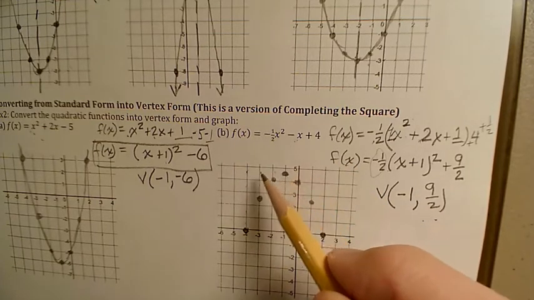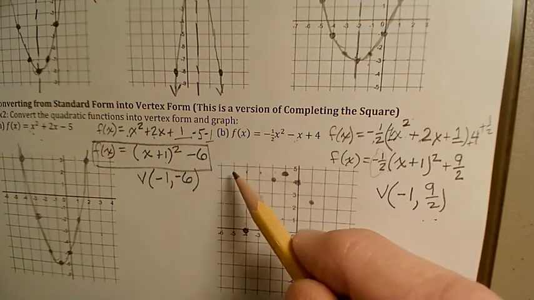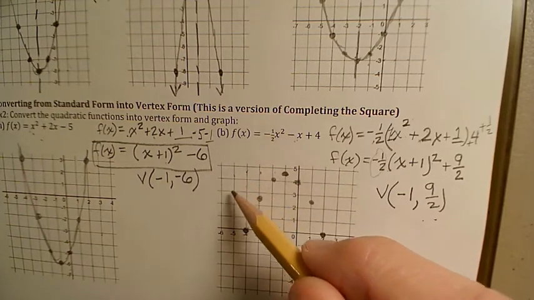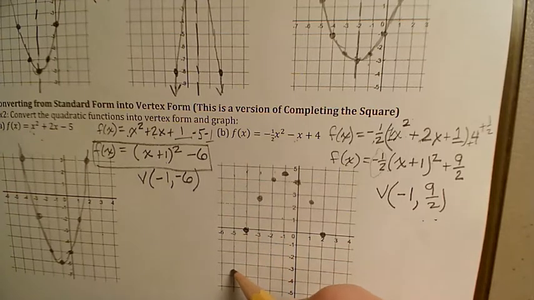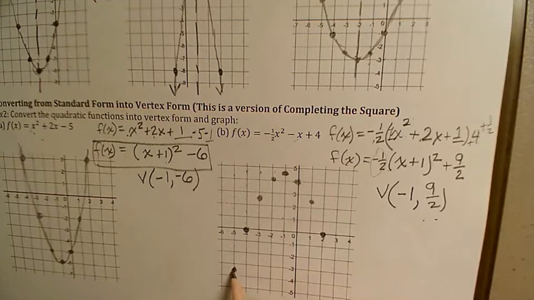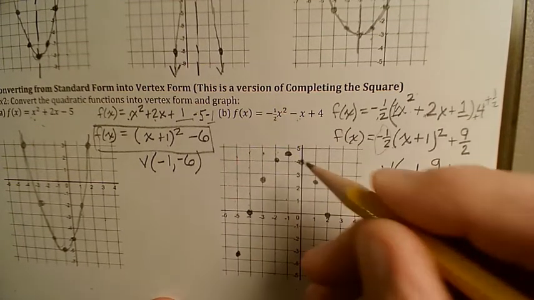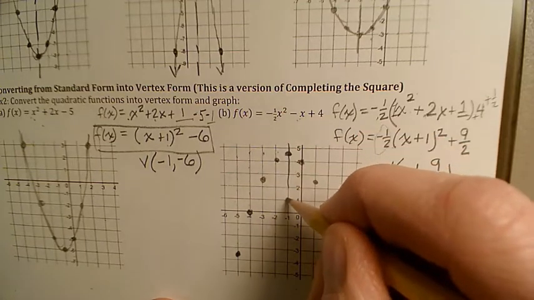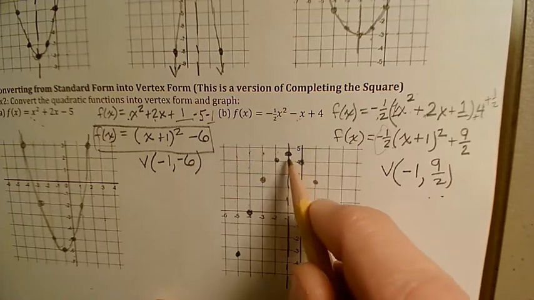If I go over 1, 2, 3, 4, normally I'd go down 16. I'm going to instead go down 8. 1, 2, 3, 4, 5, 6, 7, 8. Looks to be about right there. And likewise over here. Okay, because of the axis of symmetry, we could draw that in, axis of symmetry. Okay, and sketch that.